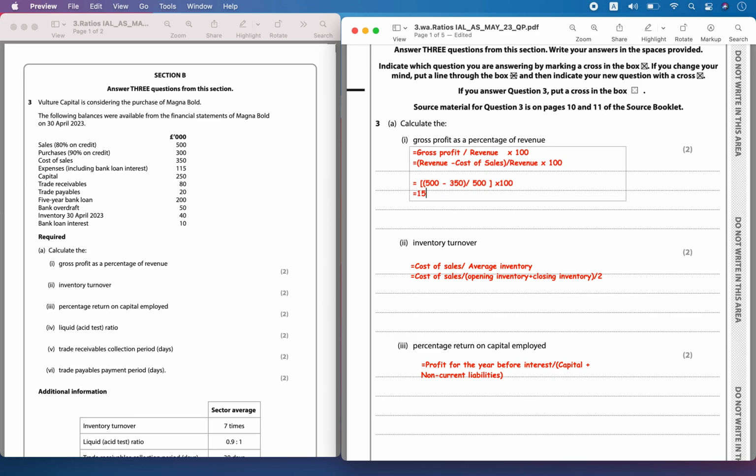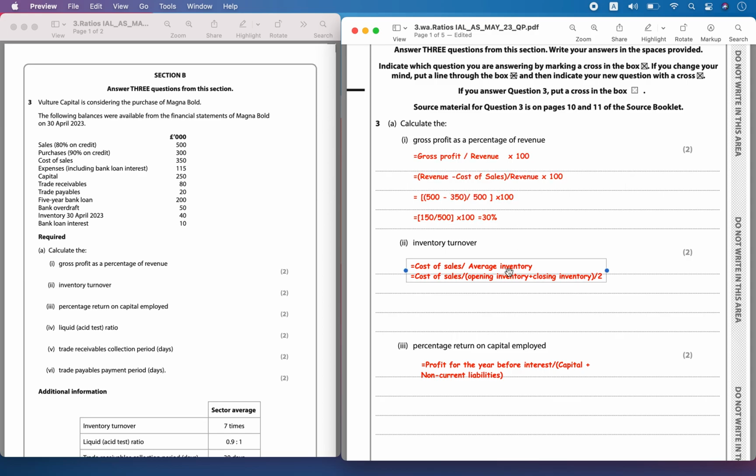So that is equal to 150 over 500 times 100. That value is going to be equal to 30 percent. So this is the gross profit as a percentage of revenue.